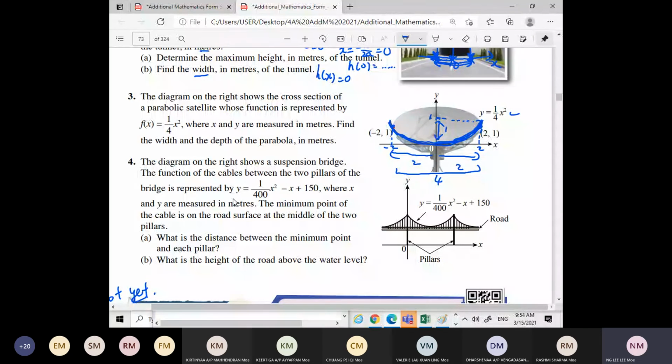The diagram on the right shows a suspension bridge. The function of the cable, this cable, this part, between the 2 pillars of the bridge is represented by this.